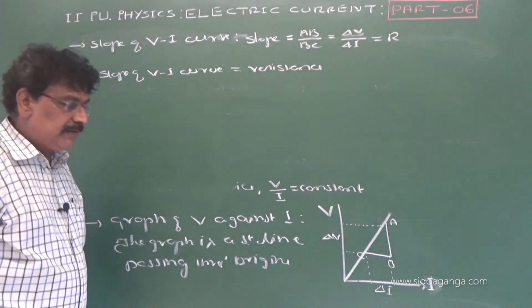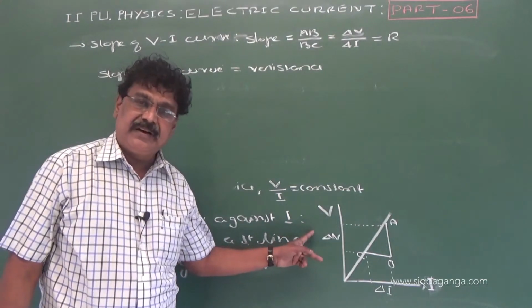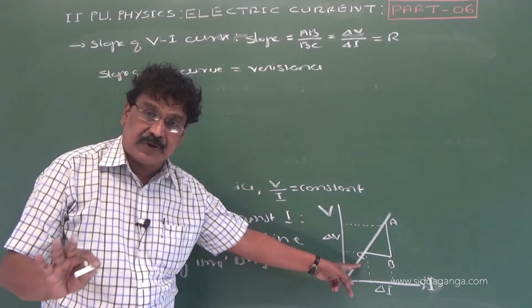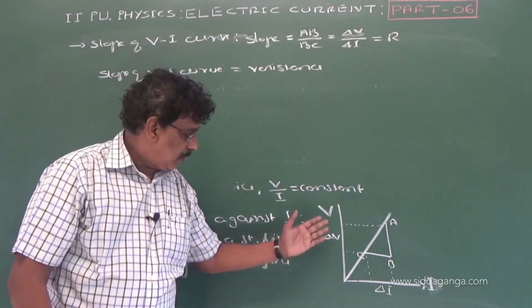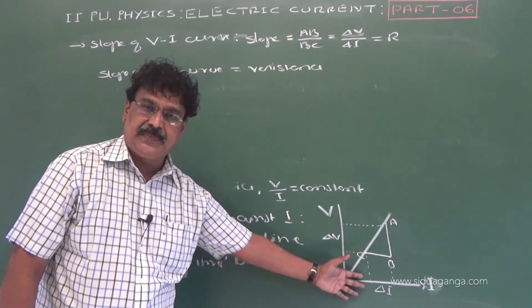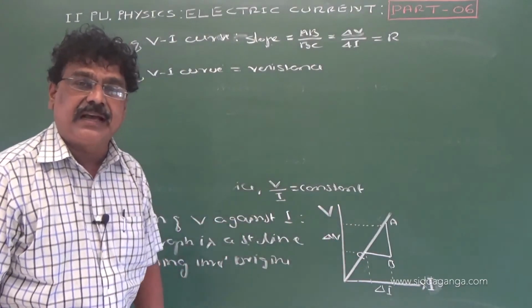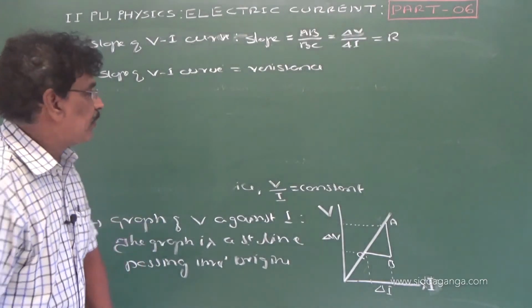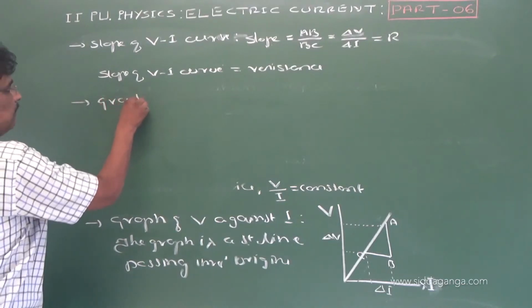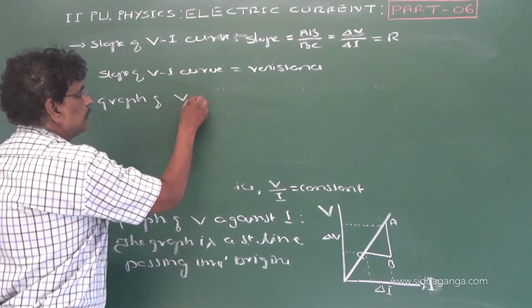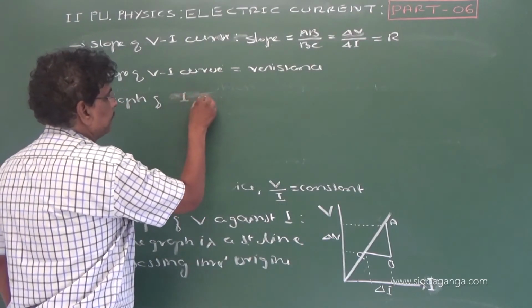Now sometimes we will plot a graph of current against potential difference. So we can have two graphs, potential difference against current or current against potential difference. Let us see what happens when we take a graph of current against potential difference.